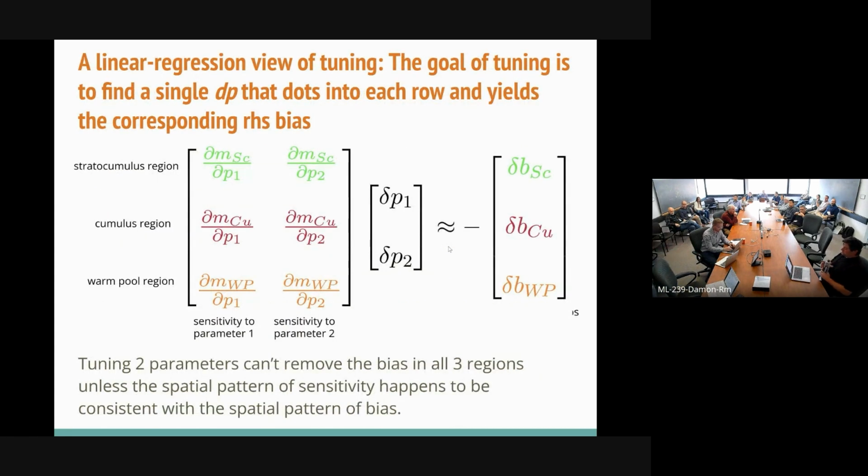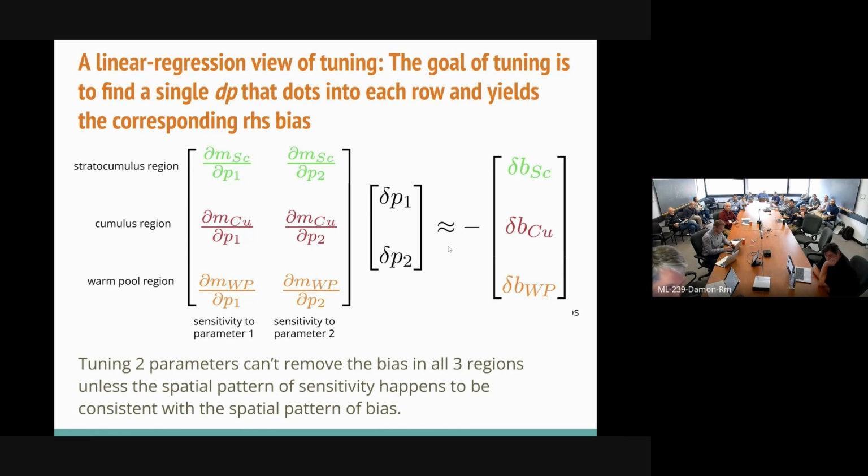Okay. So here's sort of a linear regression view of tuning. Our tuner is quadratic, but it's kind of like this. You can imagine schematically, we have 2 parameters, P1 and P2. And then that dots into this design matrix, which is basically a sensitivity matrix. Each row gives you a different region, a different box over the globe.